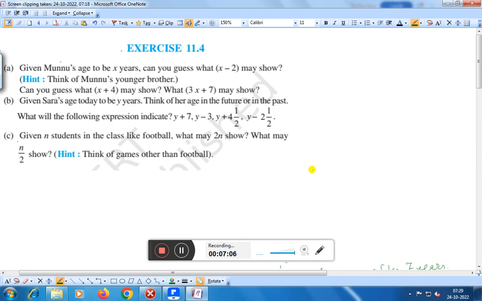Suppose the answer of question number C is that any n students like football. What may 2n show? 2n means double. Suppose 2n students may like cricket.